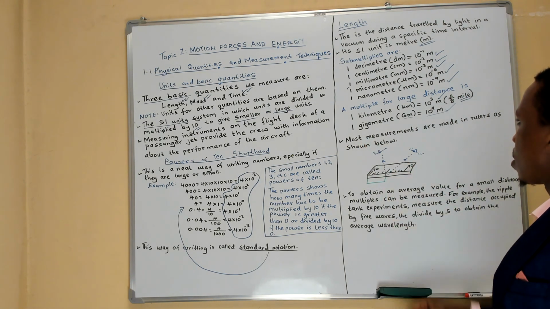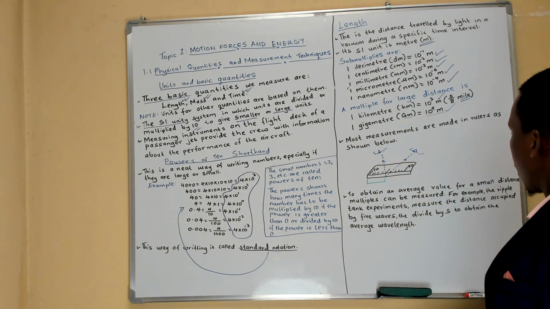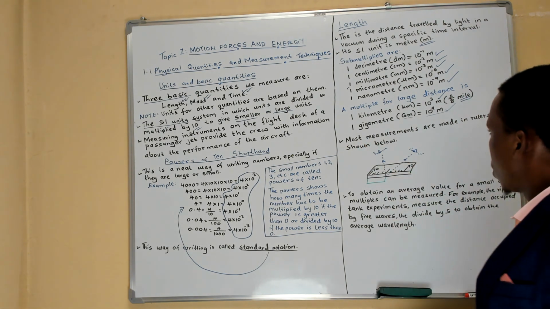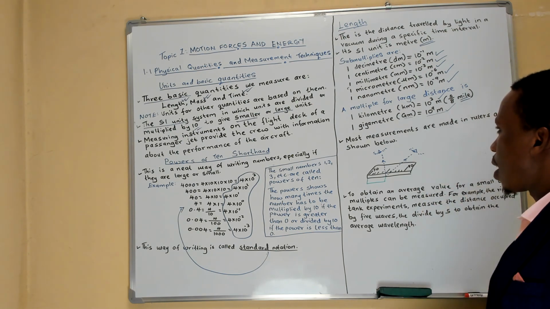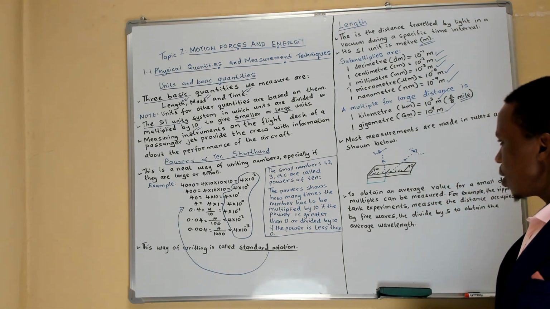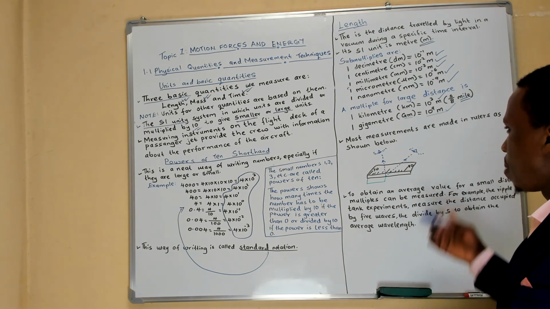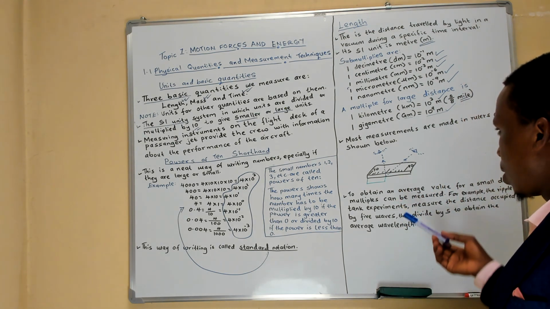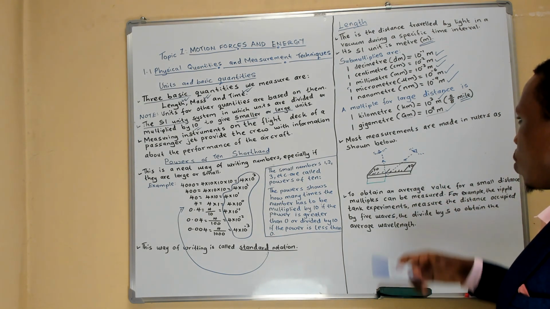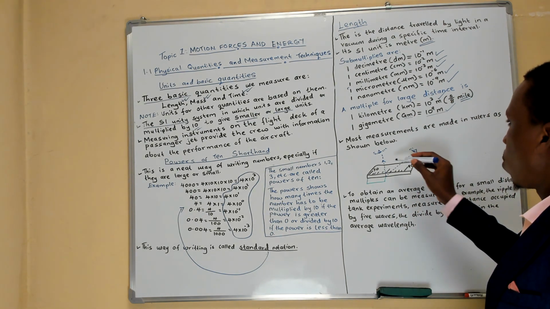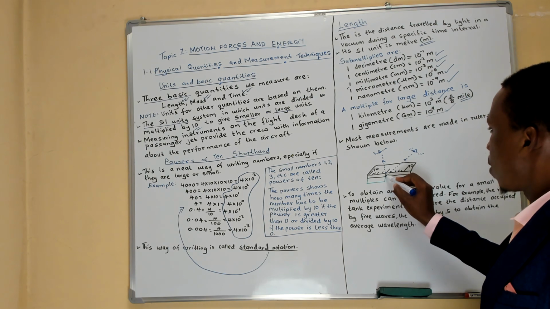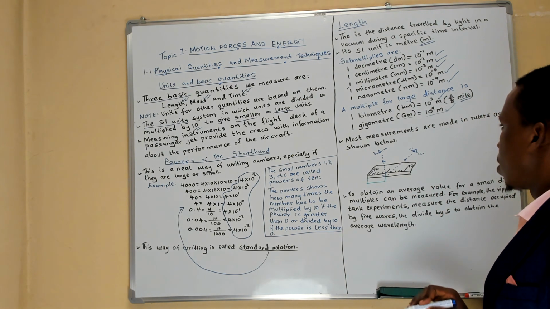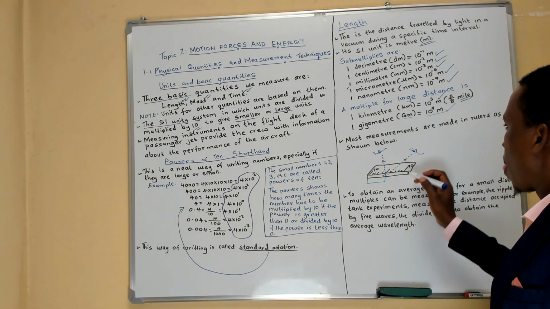Most measurements are made with rulers, and they are shown in this diagram. Basically, what this diagram shows us is, if you want to do a measurement using a ruler, the view of the eye should always be perpendicular to the horizontal. So it should be vertical, not this way.